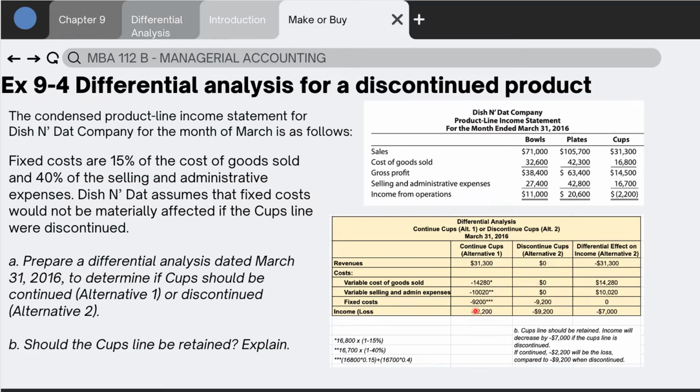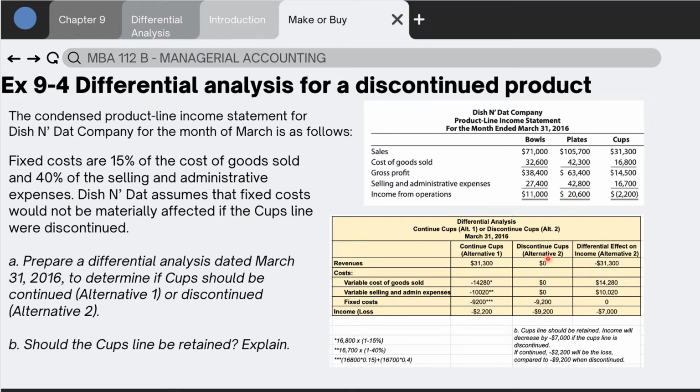And then the fixed cost is calculated by 16,800 times 15% or 0.15 plus the 16,700 selling and admin expenses and the 40% fixed cost from the selling and admin expenses. So that would be 9,200. And if we're going to add this all up, the income or loss is at $2,200.